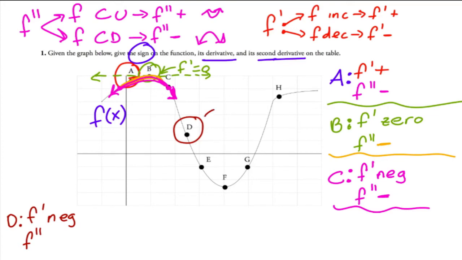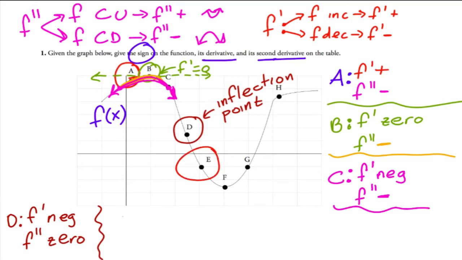Now remember, that's called the inflection point. So at the inflection point, the second derivative is always going to equal 0. That's where it changes concavity. So here it's going from concave down to concave up. So the second derivative is 0.